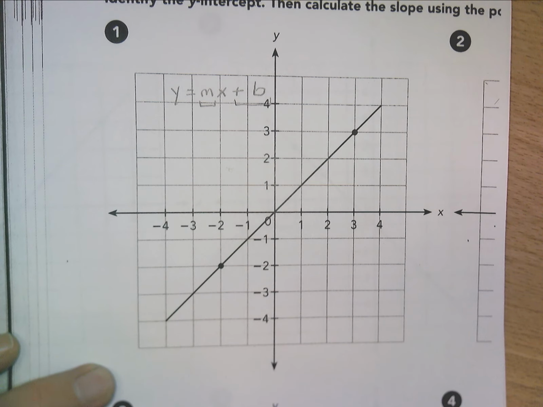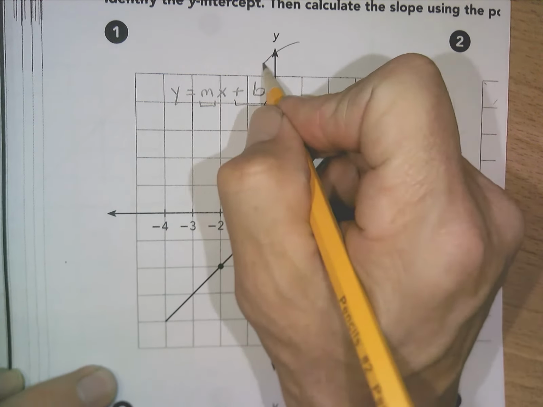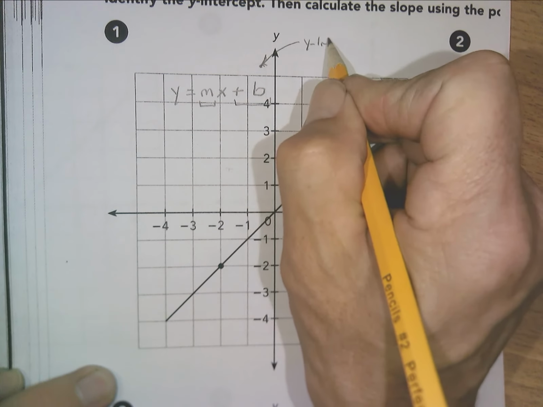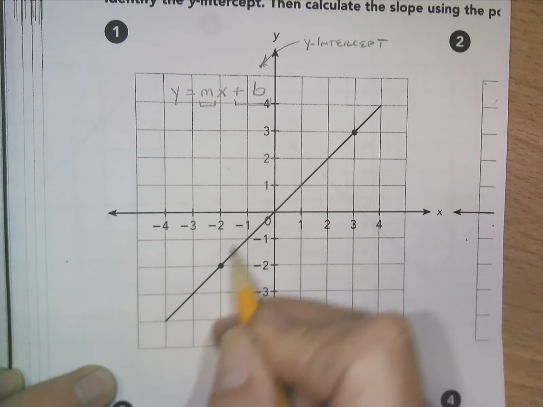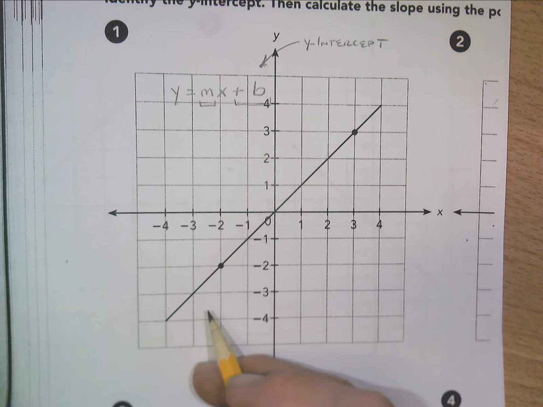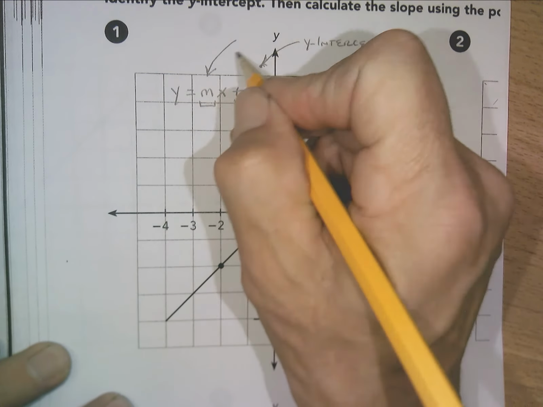I hope you can see that. I think you can. b is our y-intercept. This is where our line crosses the y-axis. This is the line we're going to write the equation for right now. The slope is the coefficient of the x term.